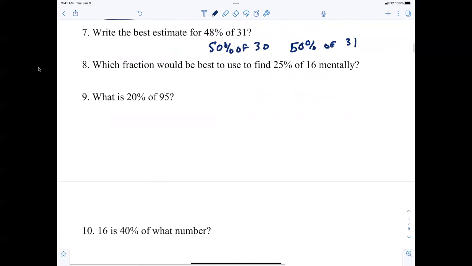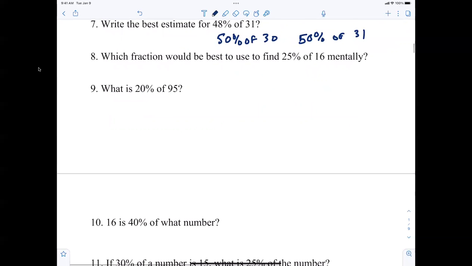Jacob, so on 8, you would say 25 times 16 divided by. What's the question? The question is, which fraction would be best to use to find 25% of 60?